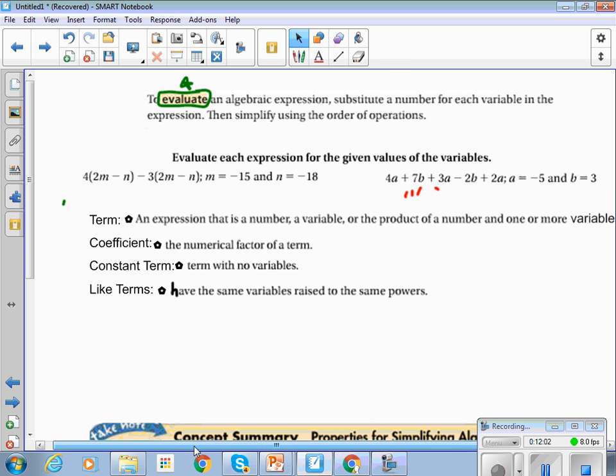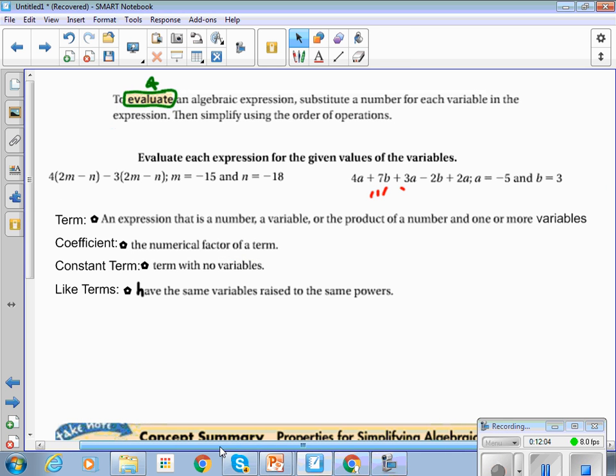So a term is an expression that is a number, a variable, or product of a number and one or more variables. Coefficient, the numerical factor of a term, it's the number on the front.